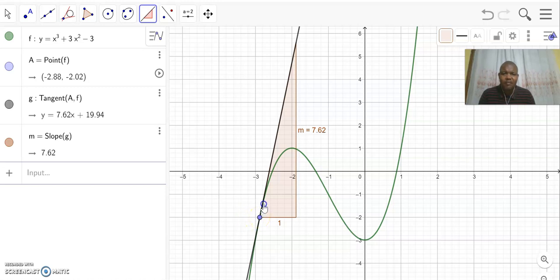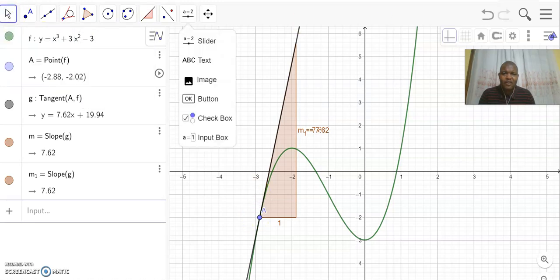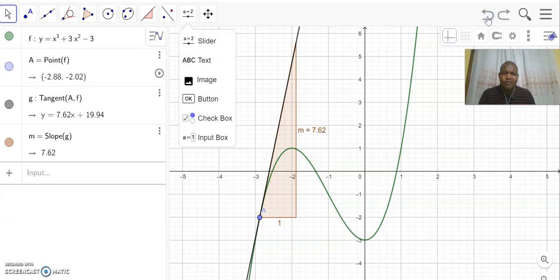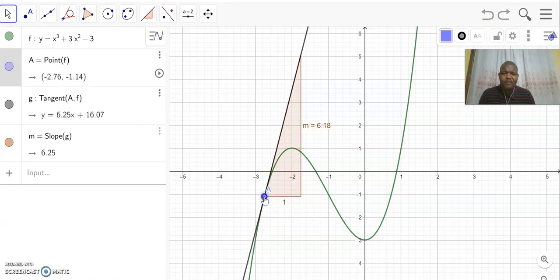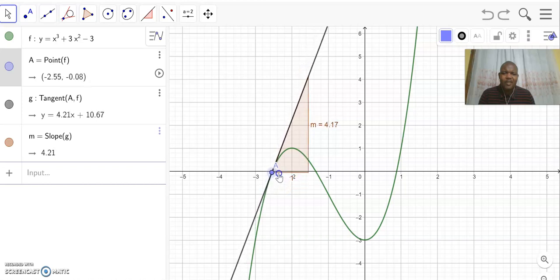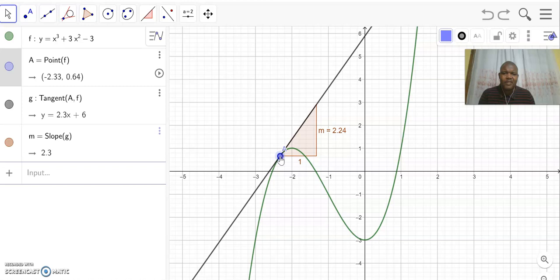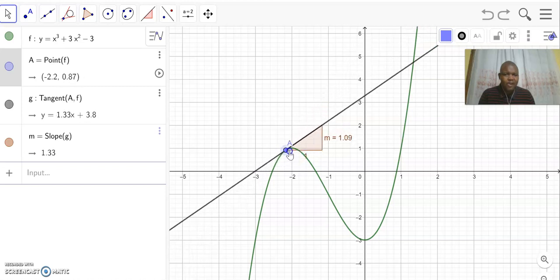So what then happens? Let's move with the curve and see. As we move up, the gradient is reducing, the gradient reduces, but it is positive.